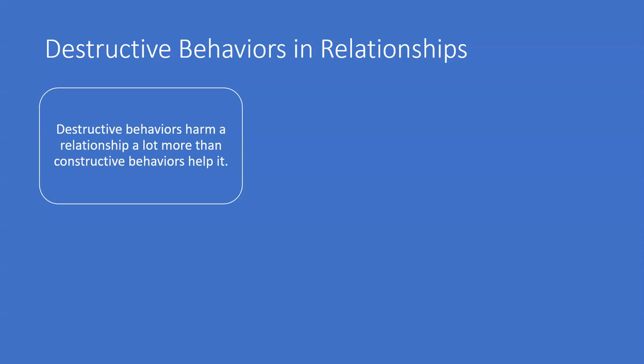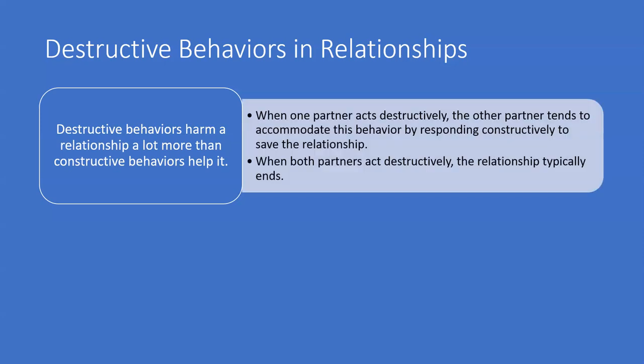Destructive behaviors do more harm in comparison to constructive behaviors, which can help your relationship. Once the destructive behaviors, particularly the active ones, but also the passive ones, start popping out, they have a more indelible impact than any kind of constructive behaviors you might have exhibited.